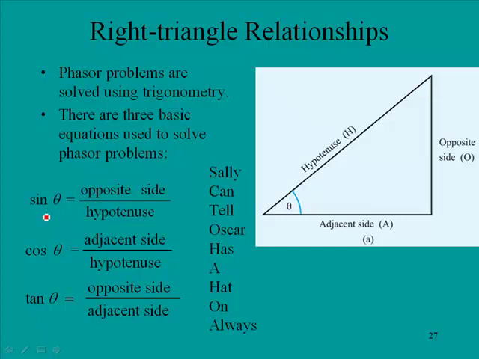The sine has to do with the ratio of the opposite side to the hypotenuse. Cosine has to do with the ratio of the adjacent side to the hypotenuse, and the tangent has to do with the opposite side to the adjacent.